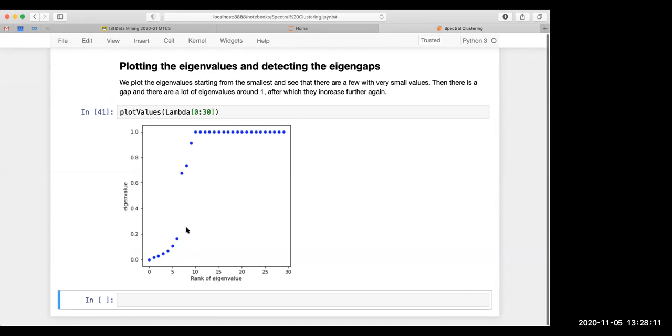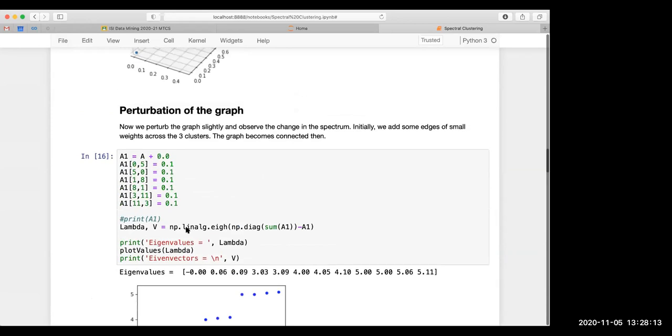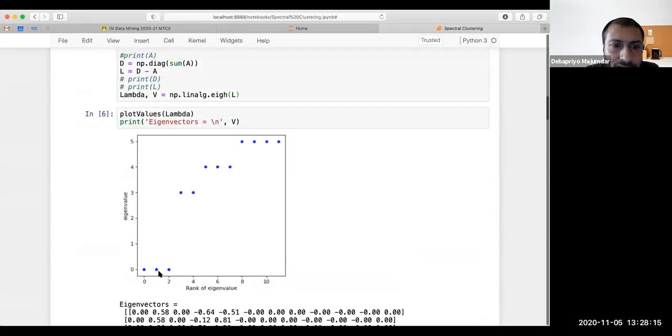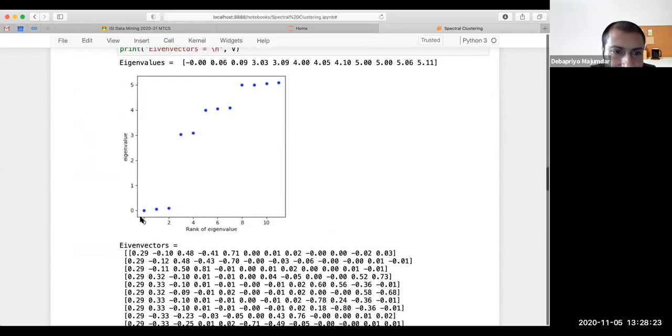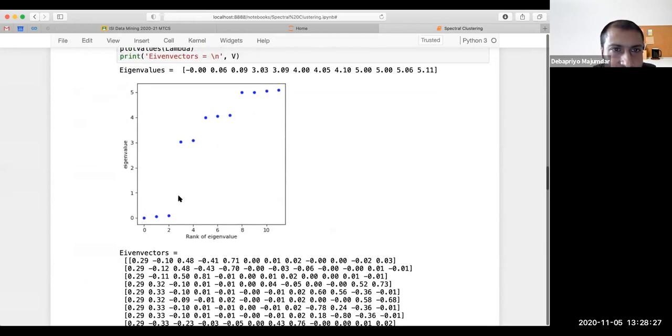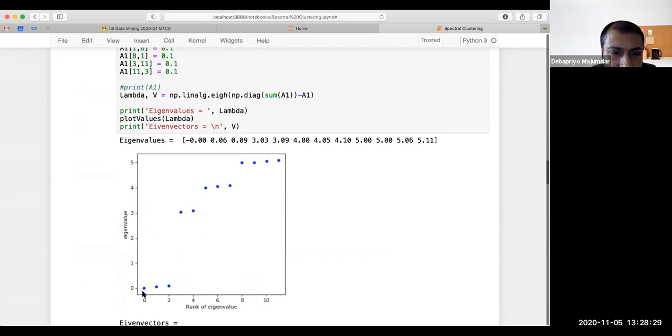In a way, if you look at our original ideal matrix, in the original ideal matrix, they're all 0. In the perturbed matrix, they are slightly more than 0, but I perturbed very little. If I perturb a little bit more, then they will be slightly higher, right?